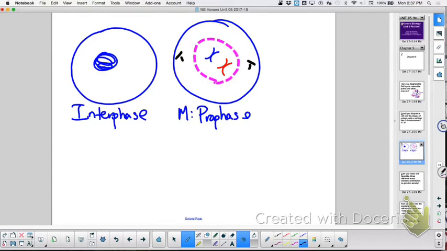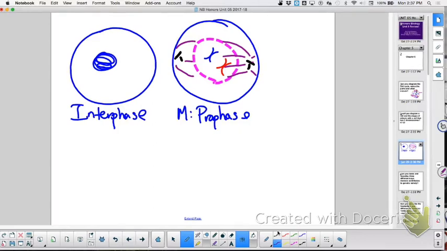What else do you have? Yeah, microtubules are starting, right? Do you see how I can clearly see that there are 2 chromosomes? How would I write that mathematically? 2 chromosomes. 2n equals what? 2. This is a cell where 2n equals 2.